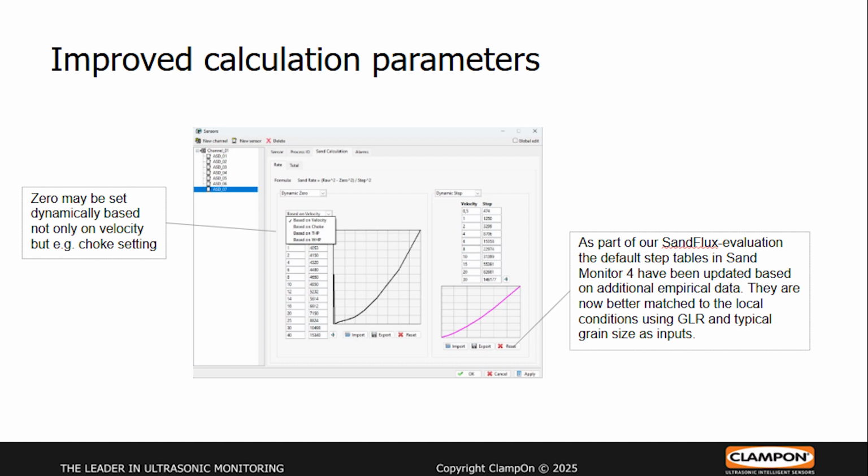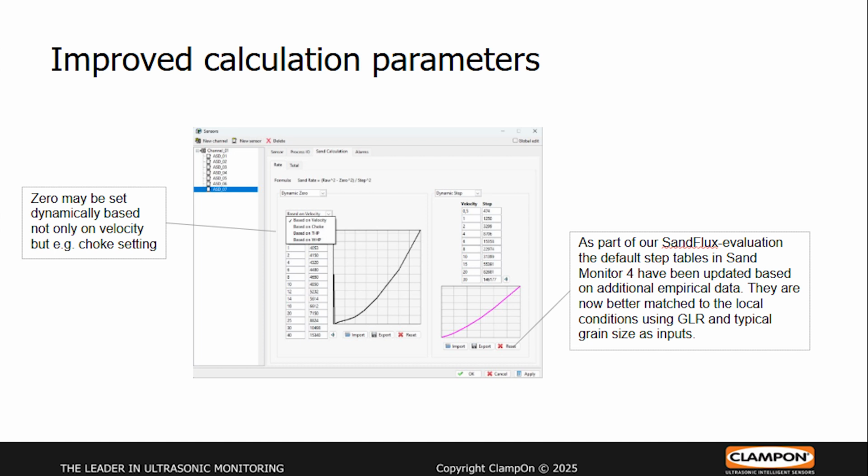We've also split the way you select, or the system selects, the zero and the step parameters in the sound calculation. Previously, you would always base it on the same reference reading, so both the step and the zero parameters would typically be based on the flow velocity.